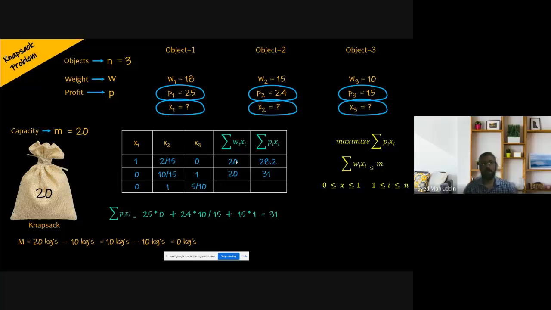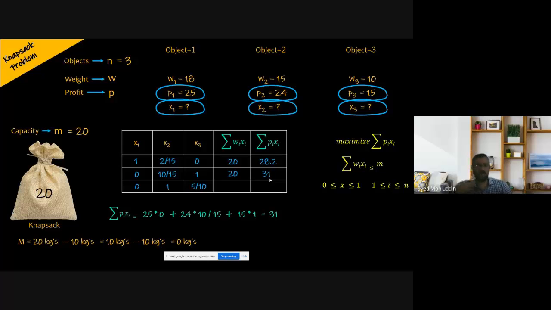So, which one gives us more profit: selecting objects in increasing order of weight, or selecting objects in decreasing order of weight? Looking at this example, we can see that selecting objects in increasing order of weight will give us more profit, because 31 profit is earned. But that is not always the case.